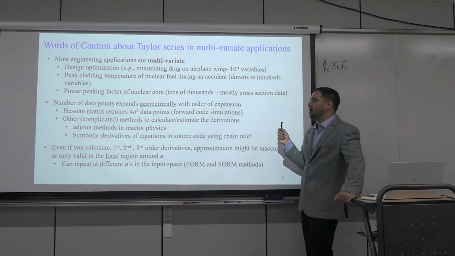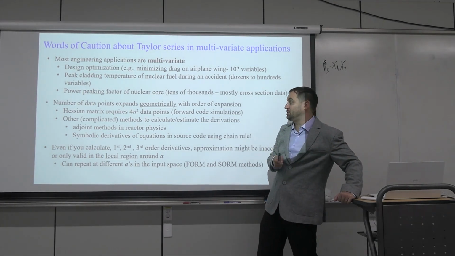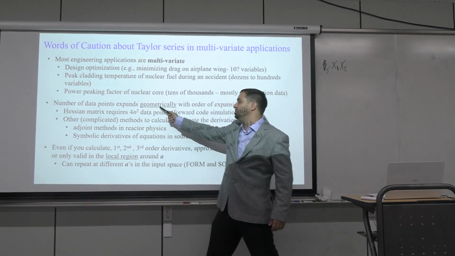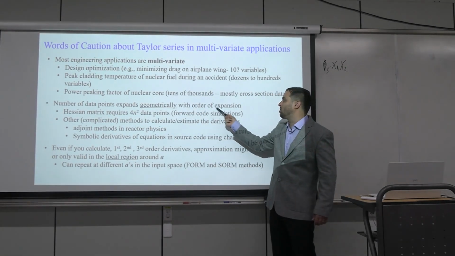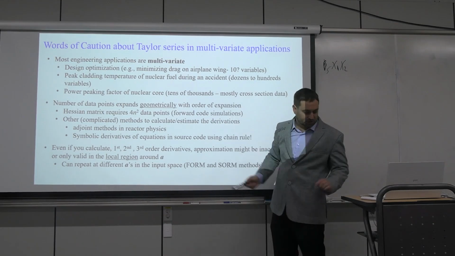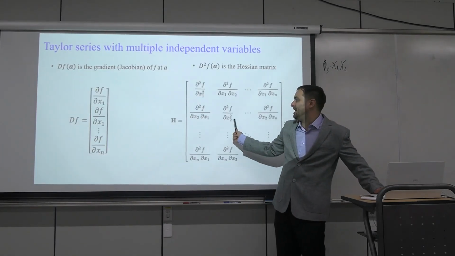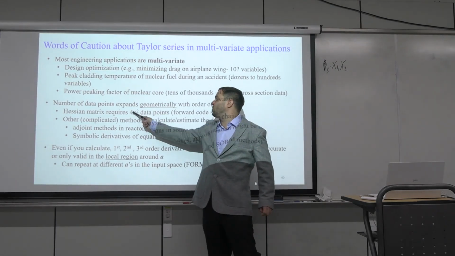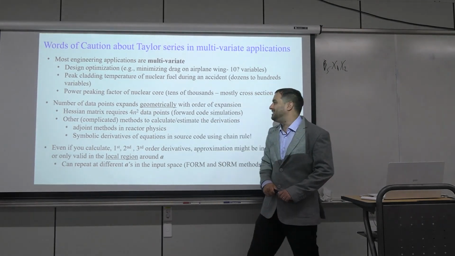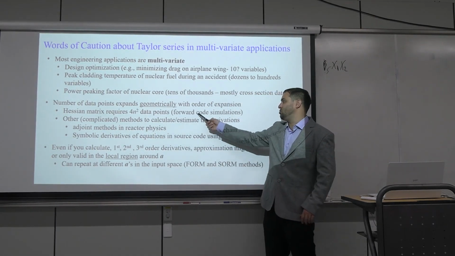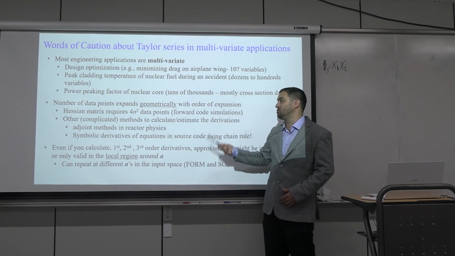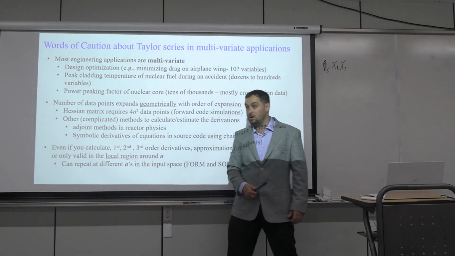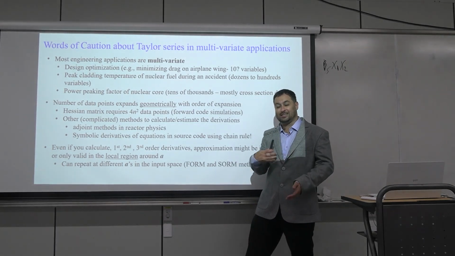And so one problem with Taylor series expansion is the number of data points expands geometrically with the order of the expansion. So for example, to calculate the Hessian matrix numerically, you would need 4 times n squared data points, which basically means that many forward code simulations. So when you have 100 input variables, you would need 100 times 100, which is 10,000, times 4.